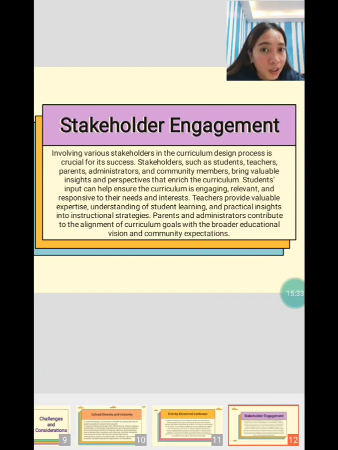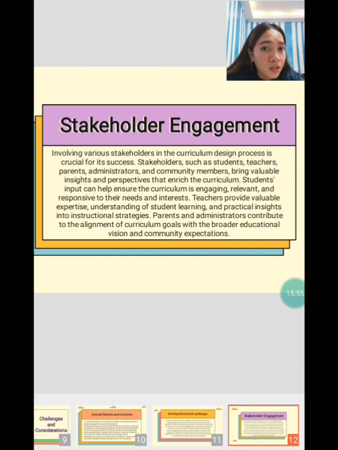Students' input can help ensure the curriculum is engaging, relevant, and responsive to their needs and interests. Teachers provide valuable expertise, understanding of student learning, and practical insights into instructional strategies.